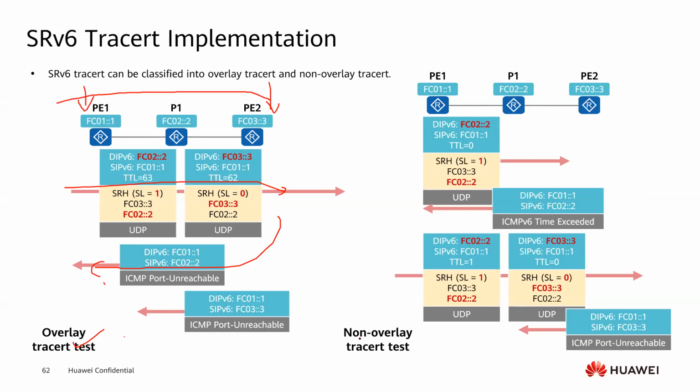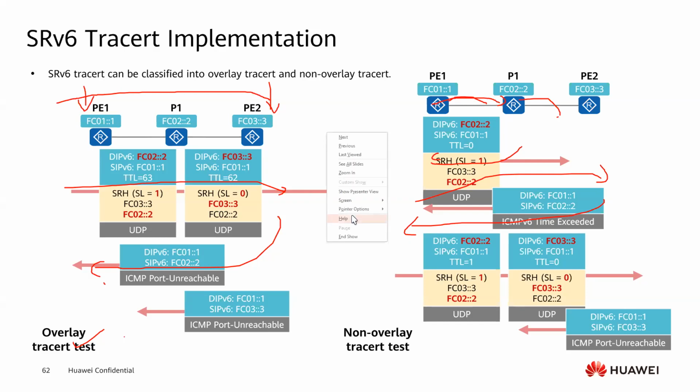Okay, another is the non-overlay trace route test. It will test one by one. It will test P1, and then P1 replies. Then test from P1 to P2, then reply. This is non-overlay. This is like hop by hop.